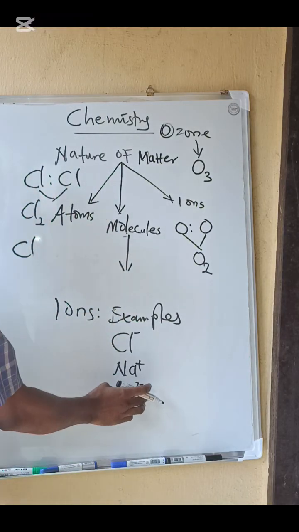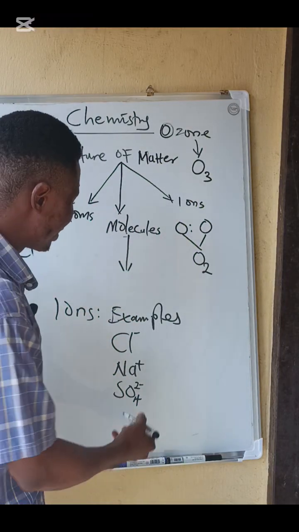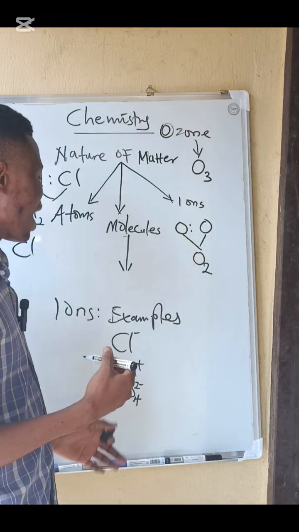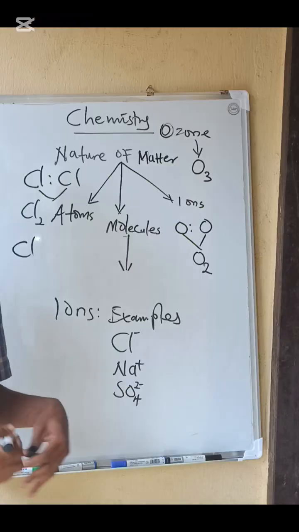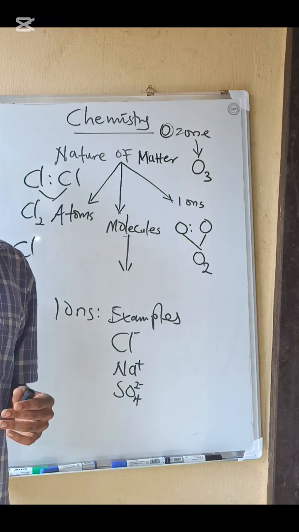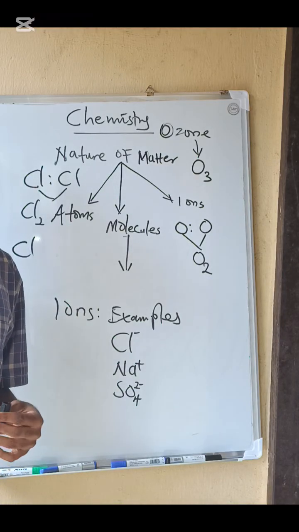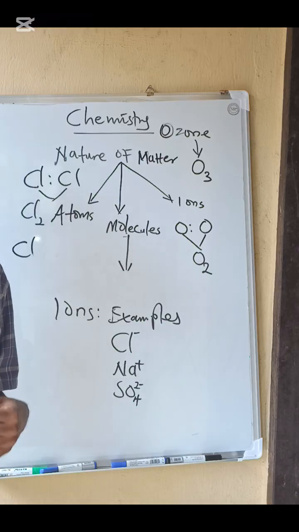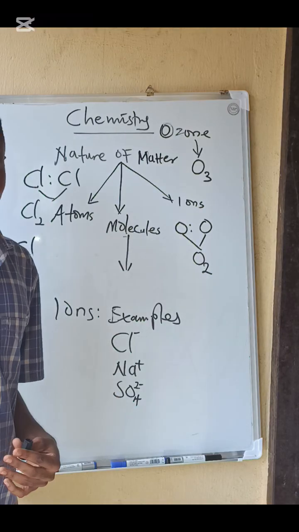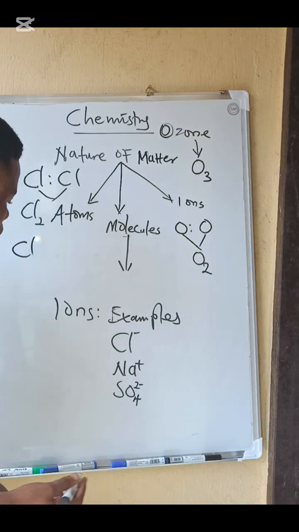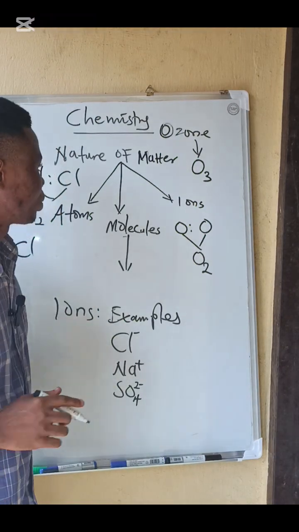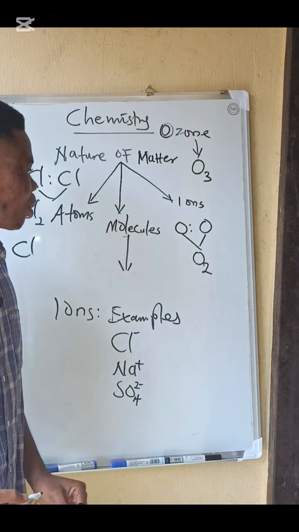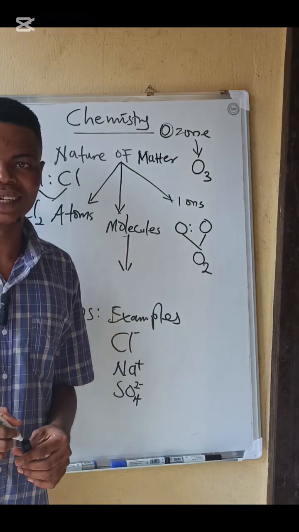The charge here is negative 2. So these are examples of ions. And ions can also be referred to as radicals, because radicals are a group of atoms that carry an electric charge. So these are examples of ions. So this is where we are going to stop in our chemistry class today.